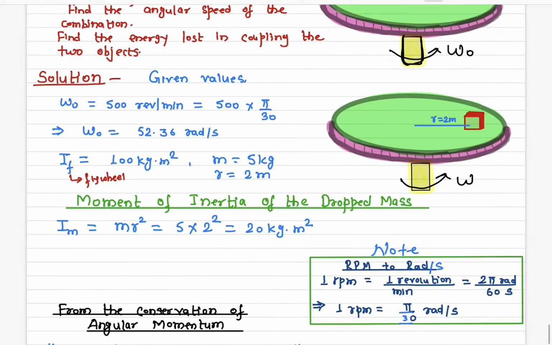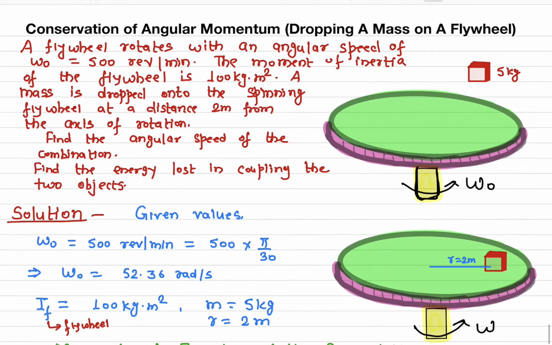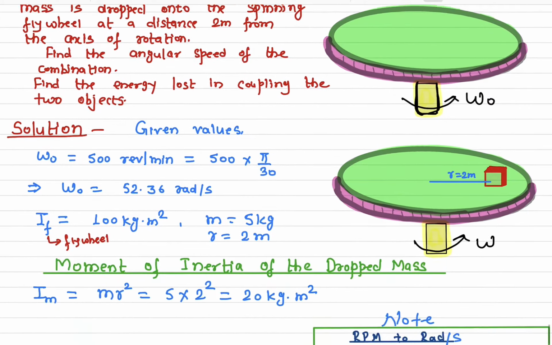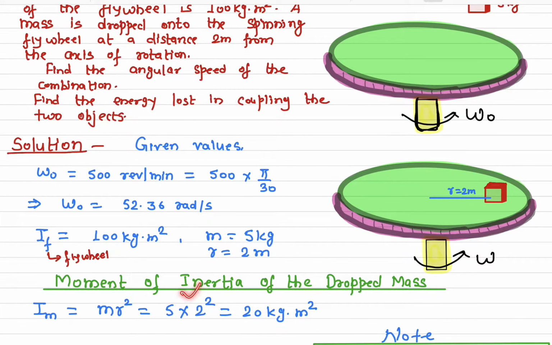Now once the mass is dropped, let's calculate the moment of inertia of this one. Before dropping, we're just calculating the moment of inertia of the dropped mass here.